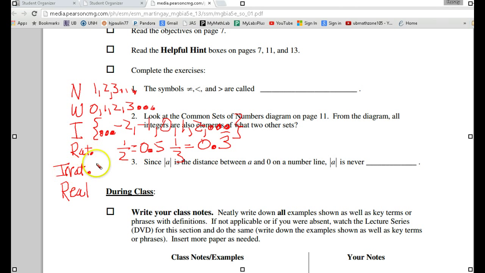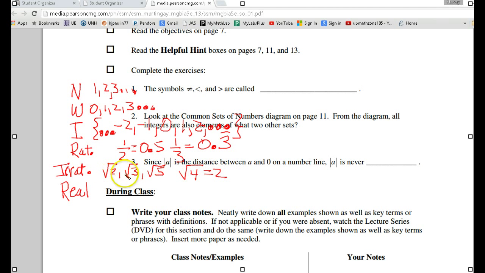And then there are other numbers on the number line that are irrational, such as the square root of 2, the square root of 3, the square root of 5. Now you might say, what happened to the square root of 4? Well, the square root of 4 is actually 2. So even though it has the radical sign on it, it is a perfect square.